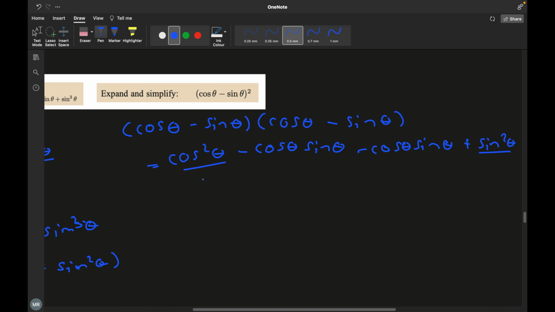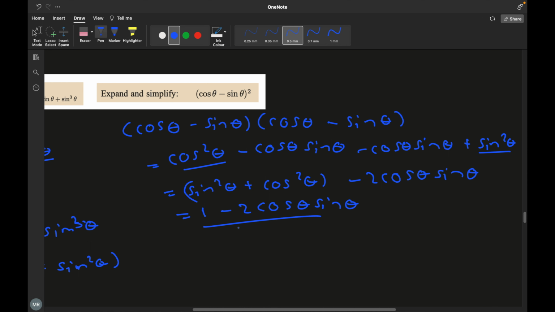Let's bring this together. Minus 2 cos theta sine theta. We know that sine squared theta plus cos squared theta is 1. So we get 1 minus 2 cos theta sine theta. This is in its most simplified form.